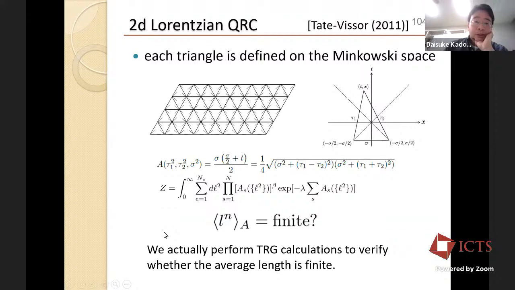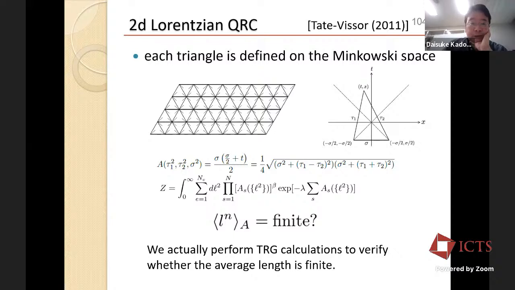In the Lorentzian case, each triangle is defined on Minkowski space, and a light cone structure is assumed at each vertex.